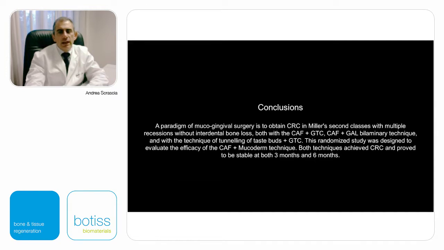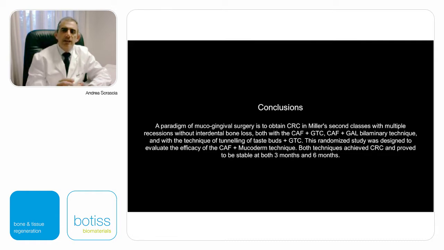the conclusion: the paradigm of mucogingival surgery is to obtain the CRC, the complete root coverage, in Miller class 2 with multiple recessions without interdental bone loss, both with the CAF plus CTG, CAF plus bilaminar technique, and with the tunneling technique plus CTG.